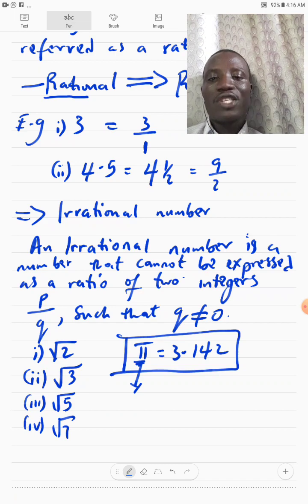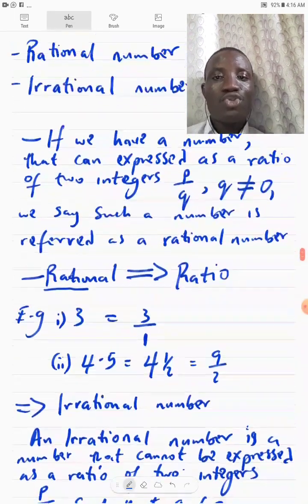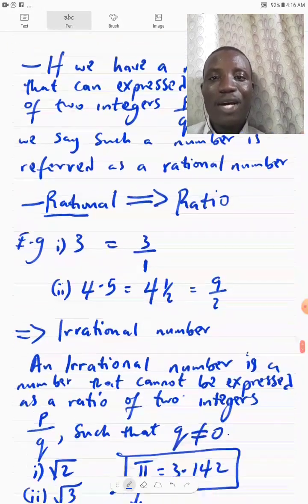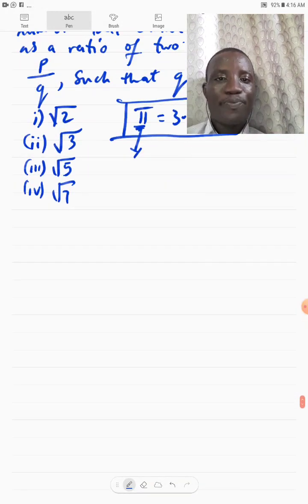Okay, so this is what we have as an introduction to surds, understanding rational numbers and irrational numbers. So what is a surd now? Surds are these irrational numbers which are square roots, or which are roots of rational numbers.